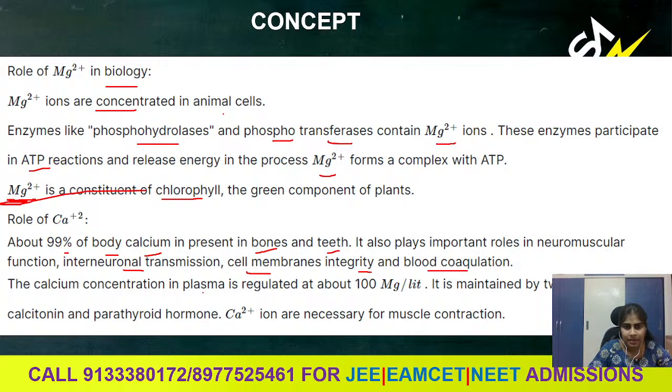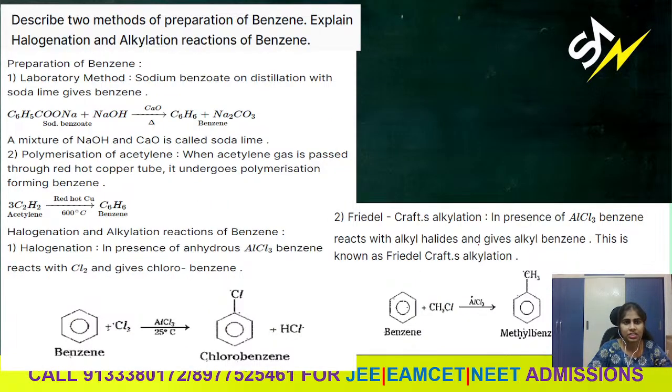Calcium is present in plasma at 100 milligrams per liter. It is maintained by two hormones, calcitonin and parathyroid hormone. These are responsible for balancing Ca2+ ions. This is necessary for muscle contraction also. So this is the role of magnesium and calcium.